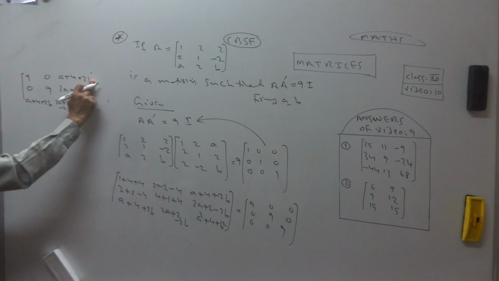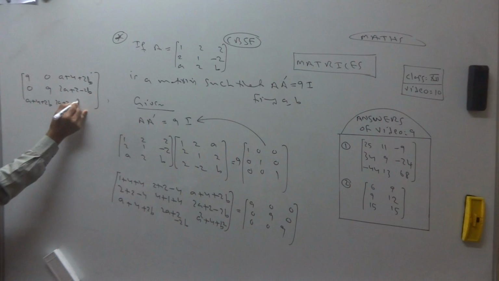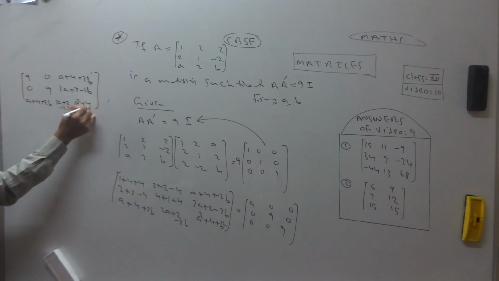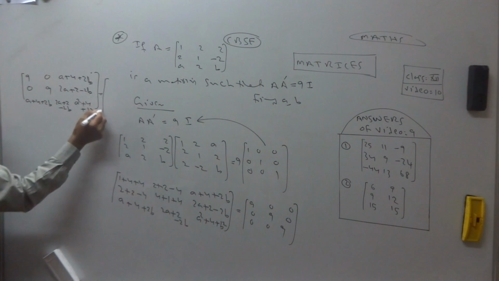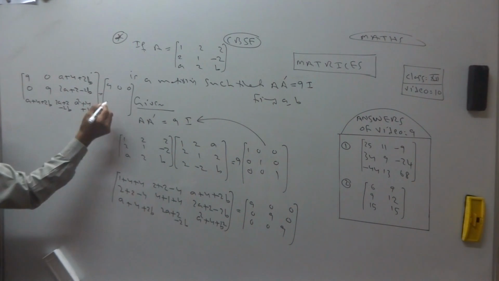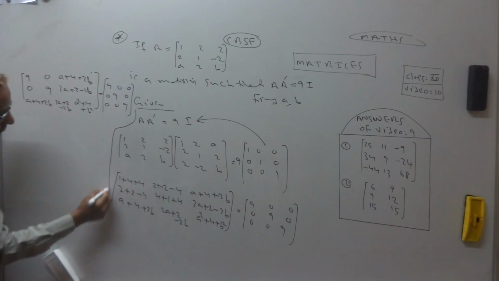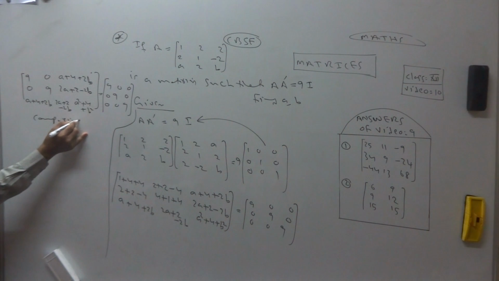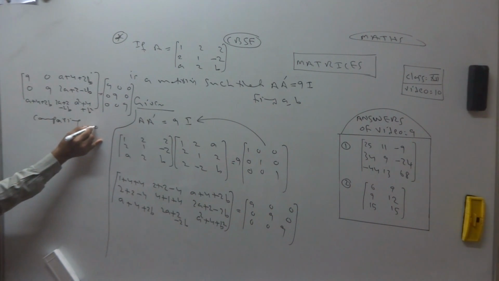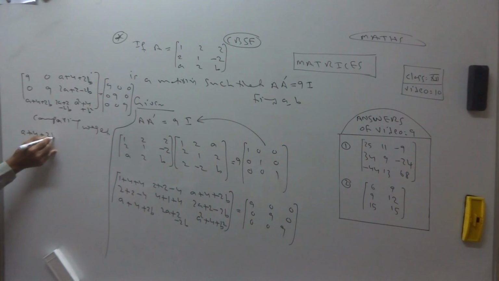Then A square plus 4 plus B square is equal to 9 0 0, 0 9 0. Now what do we do? We compare both sides. 9 9 same, 0 0 same. So I can take A plus 4 plus 2B is 0.